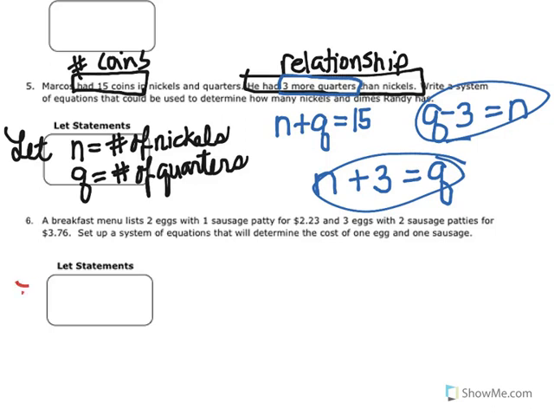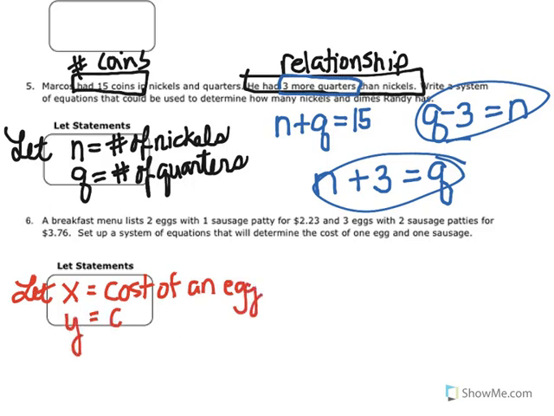We always say let X equal the cost of an egg. And then let Y equal the cost of a sausage.